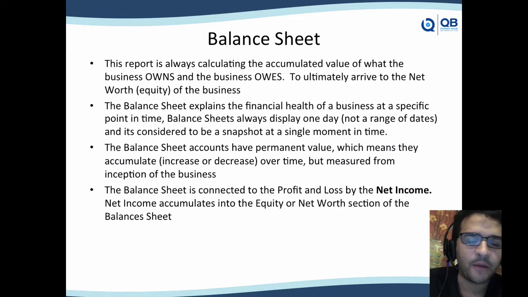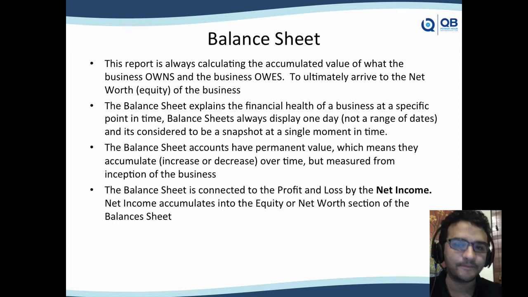Okay, so we spoke about the profit and loss. Now we're going to talk about the balance sheet. The profit and loss and the balance sheet are the two most important financial reports in QuickBooks. Now, the balance sheet itself, the report, is always used to calculate the accumulated value that the business owns and what the business owes.